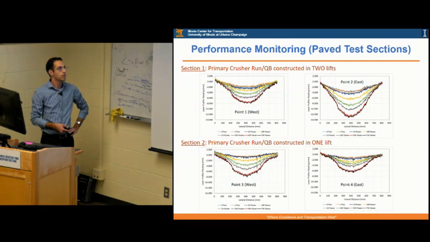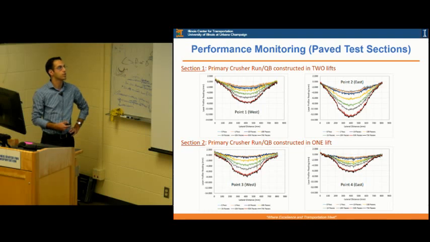And we were actually able to get up to 90,000 passes as of yesterday. So I only have the results here up to 75,000 passes, but we were able to get up to 90,000 passes with those sections. And I'm also showing here the results of rut accumulation at different passes, from 0 pass to 75,000 passes for different points in one section.